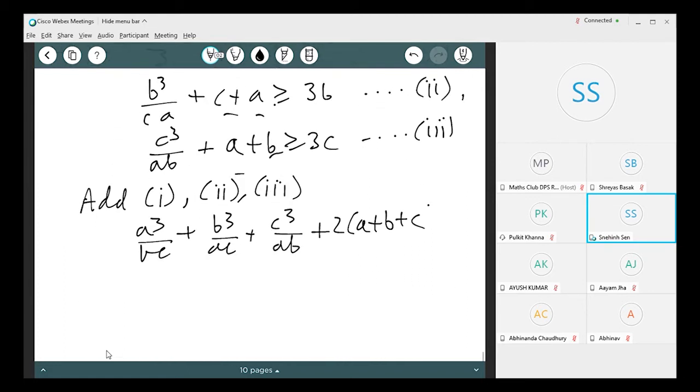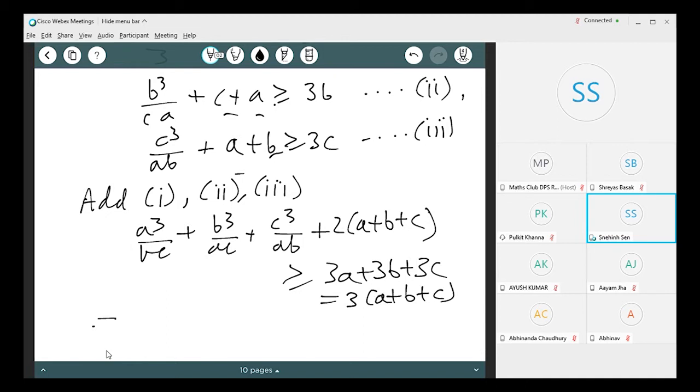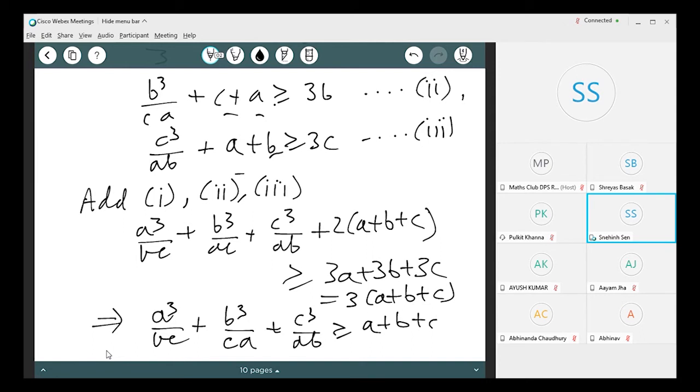This is greater than or equal to 3A plus 3B plus 3C, which is 3 times A plus B plus C. So you can cancel this, and this would imply A cube by BC plus B cube by CA plus C cube by AB is greater than or equal to A plus B plus C. That's it, that was our inequality. So including ancillary or extra terms is sometimes very helpful while solving inequalities.